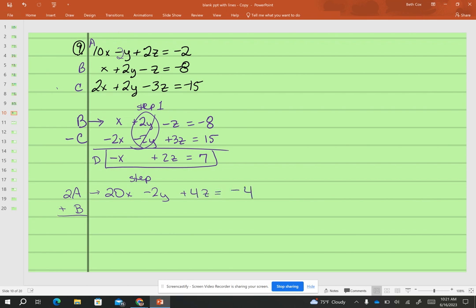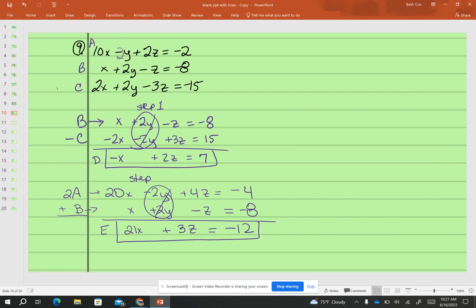Multiply everything by the 2. The B I'm going to leave just like it is. I'm going to add these together and force the elimination. That'll give me 21x plus 3z equal negative 12. And we'll call that equation E.